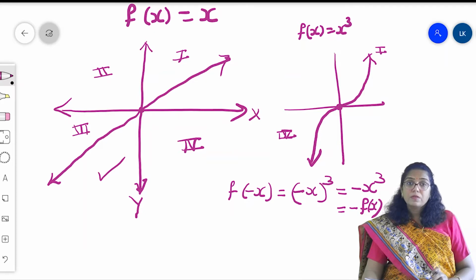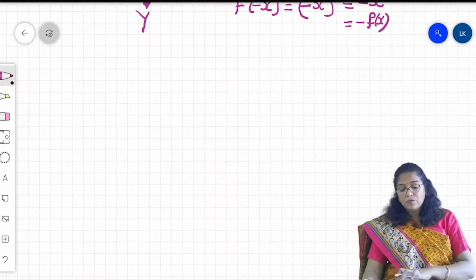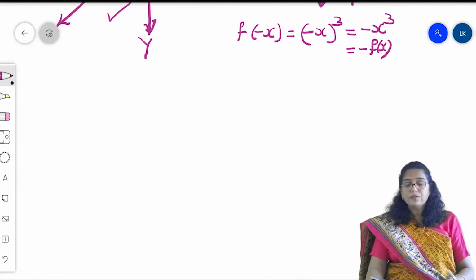Now, what about the Fourier series of odd function and even function? This we want to see. We know the formula of the Fourier series.